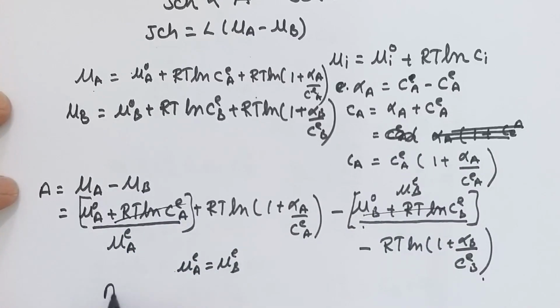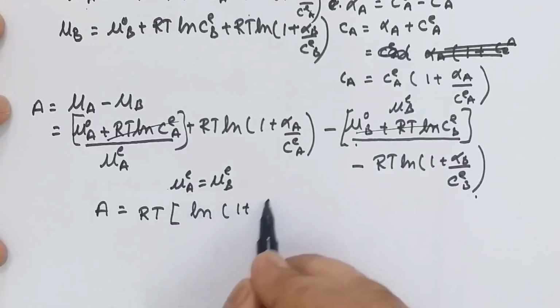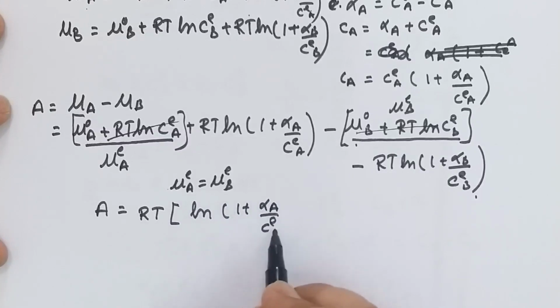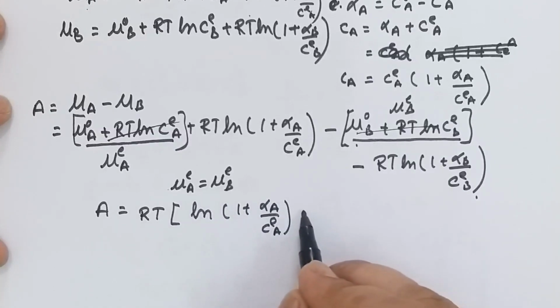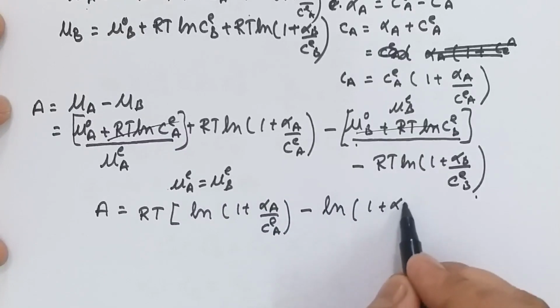Hence our value of affinity A will be, we can take RT common from both the terms, so we will have RT [ln (1 plus alpha A upon CeA) minus ln (1 plus alpha B upon CeB)].